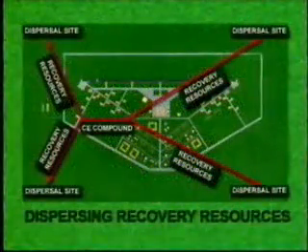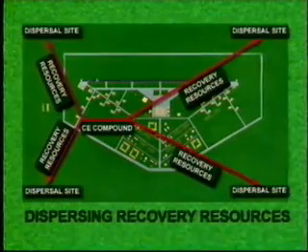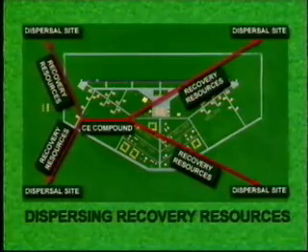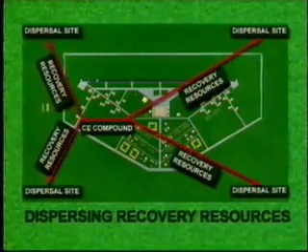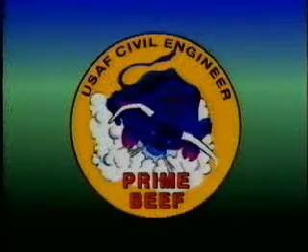The purpose of dispersing recovery resources is to reduce their vulnerability from enemy action, natural disasters, or terrorists' activities by relocating, spreading, and separating them from a central, possibly dangerous location into a number of less dangerous areas.